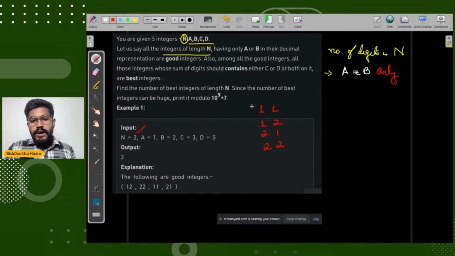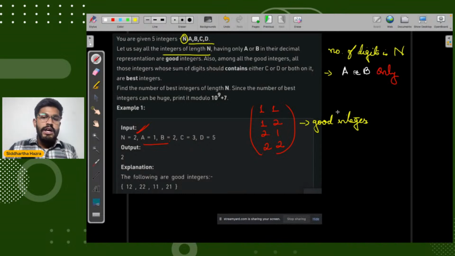This is how I can have all these numbers. These are all the numbers that I can frame using only a and b with length 2. Now let us move forward, and we are told that these all are good integers.